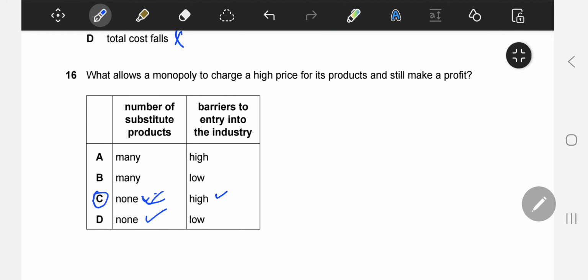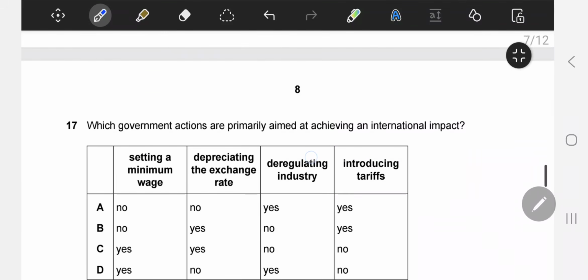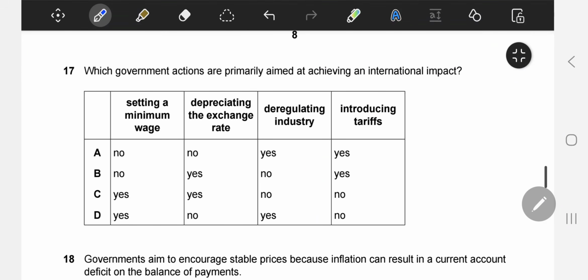All right. Okay, let's move on to 17. Which government actions are primarily aimed at achieving an international impact? So we're looking for government actions that are primarily aimed at achieving an international impact.